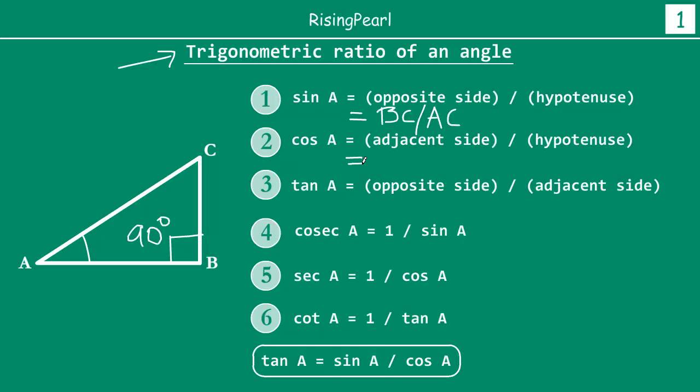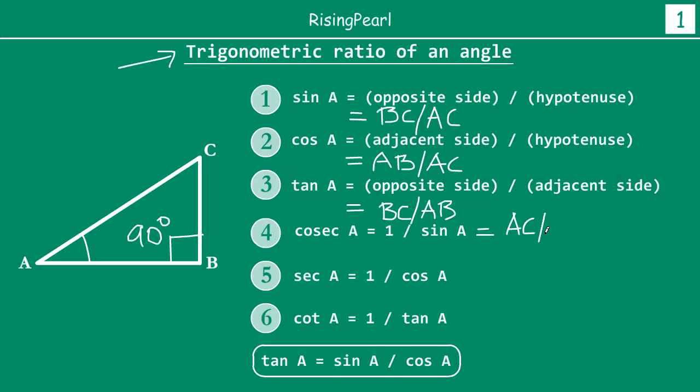Similarly, cos A will be AB, adjacent side, divided by AC, which is the hypotenuse. For tan A, it will be the opposite side, BC, divided by adjacent side, AB. Now for cosec A, we know it is the reciprocal of sine A, so that will be AC by BC.